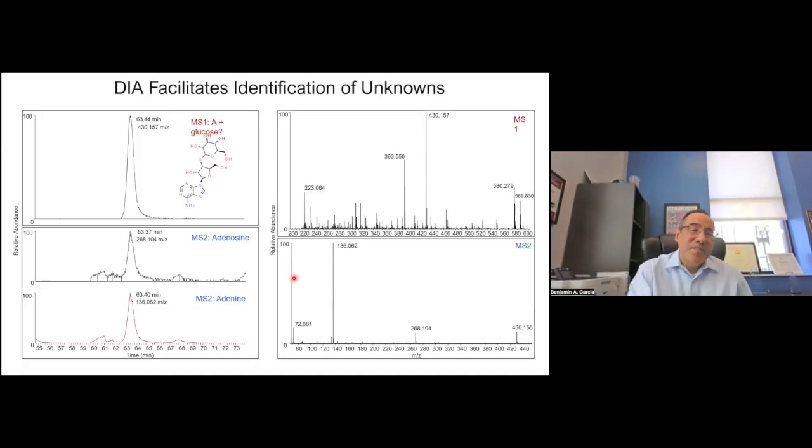The other thing too is that with DIA data you can always go back and remine the data. Maybe at this point in time you take your data and you're happy with it, but later on a new modification on RNA is found, or you're talking to some people and now you have a hunch that something else might be there. You can always go back and remine the data. We've done that and found a lot of potential new modifications or things we just didn't expect.